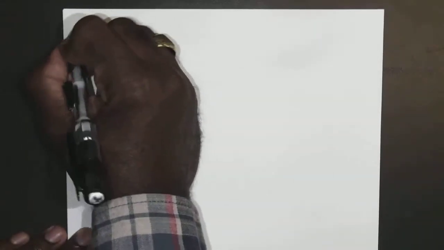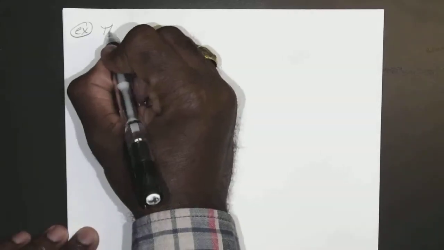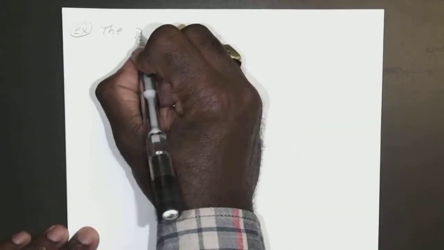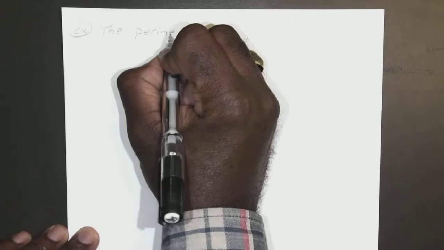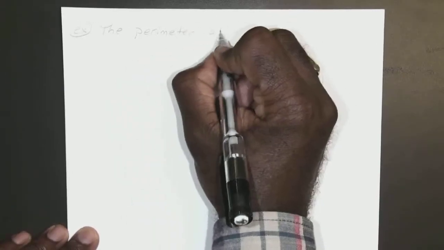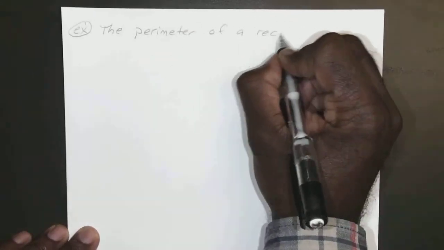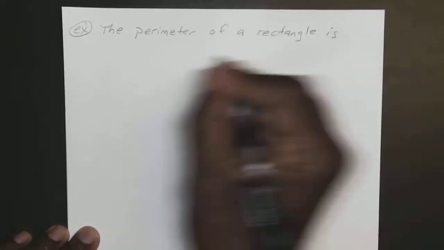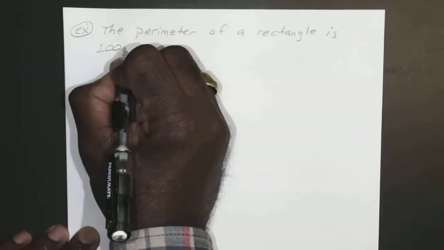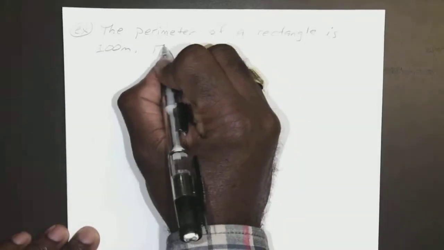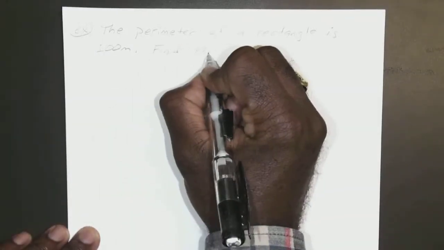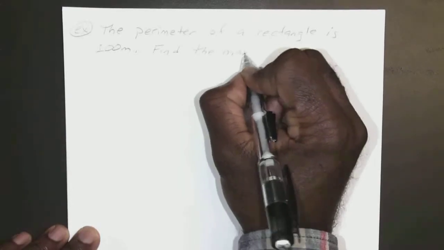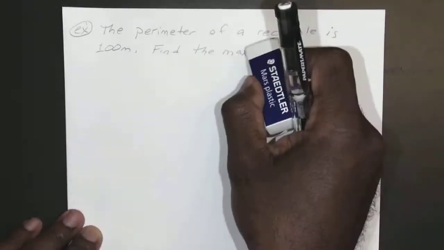All right, so let's say, for example, the perimeter of a rectangle is 100 meters. Find the maximum area.